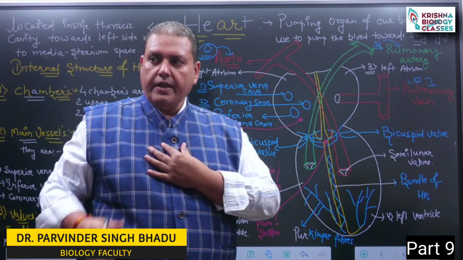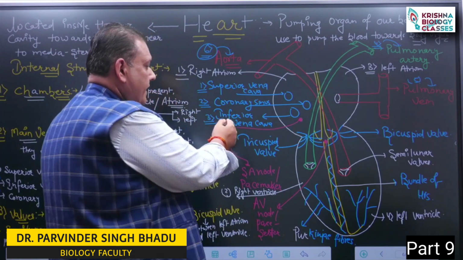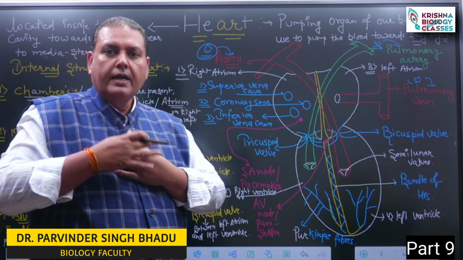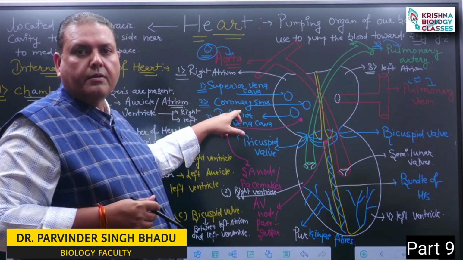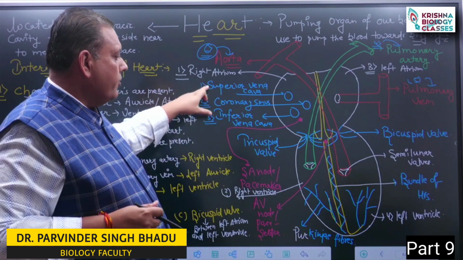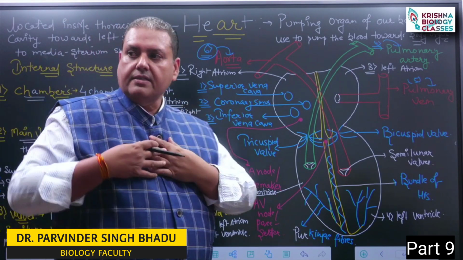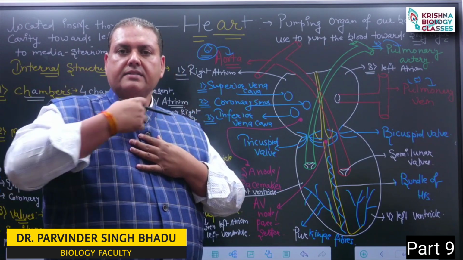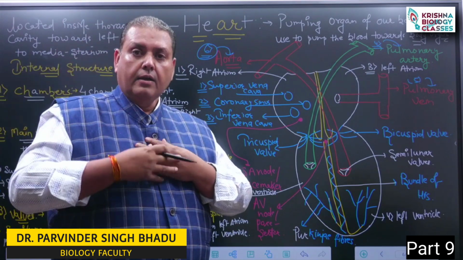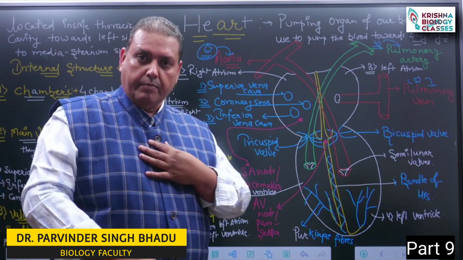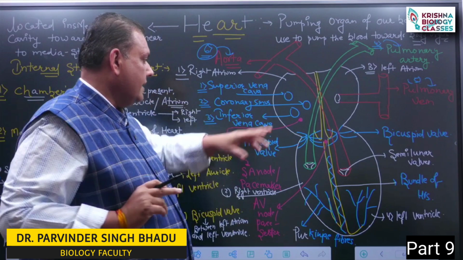From the lower body part, deoxygenated blood is carried by the inferior vena cava, and from the muscles of the heart itself, the deoxygenated blood is carried by the coronary sinus. So 1 brings deoxygenated blood from above the heart, 1 from below the heart, and the third from the heart itself.